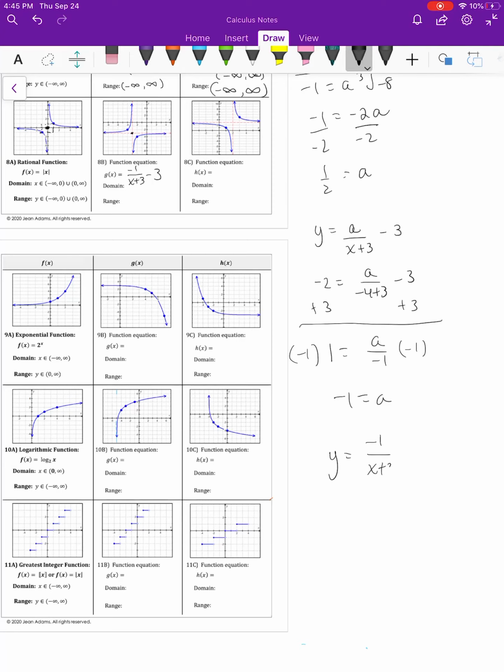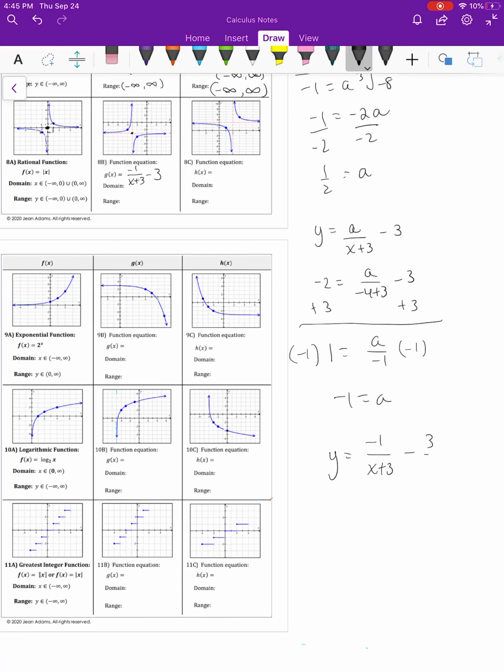So if you've got negative 1 over x plus 3 minus 3 over 1, you can multiply and get a common denominator and then add all of your numerators over the one denominator, giving you negative 1 minus 3x minus 9 over x plus 3, which is negative 10 minus 3x over x plus 3. Or you could have put negative 3x minus 10.